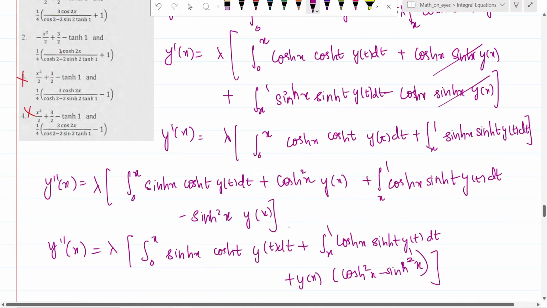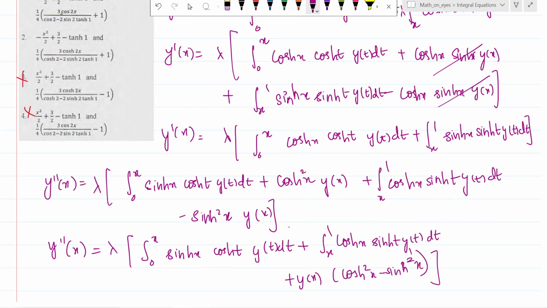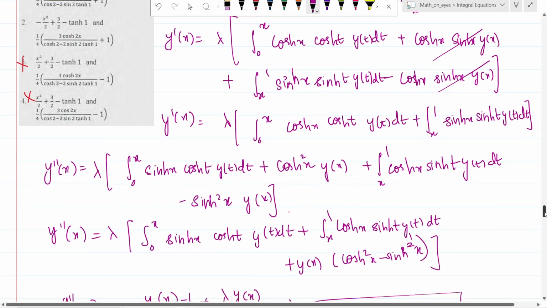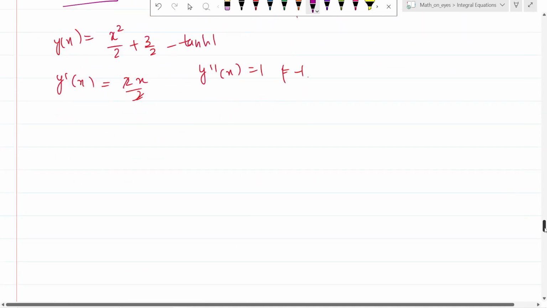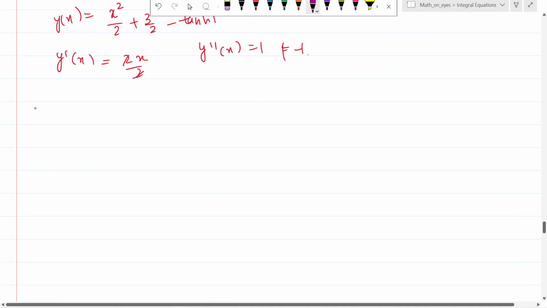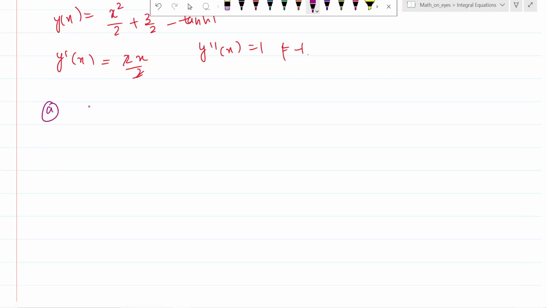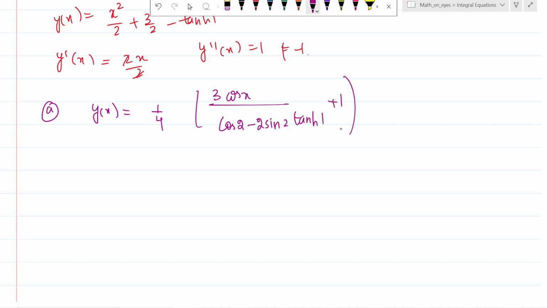Here in the second option, we find 1 by 4, 3 cos h2x. Here simply cos 2x and here cos h2x. We will verify the first option, option A. We have y of x equal to 1 by 4 into 3 cos x divided by cos 2 minus 2 sin 2 tan h1 plus 1.